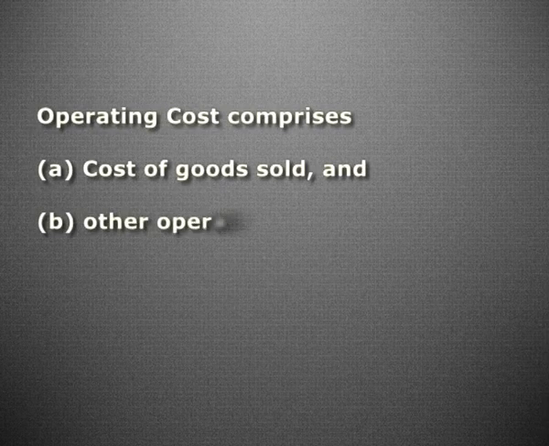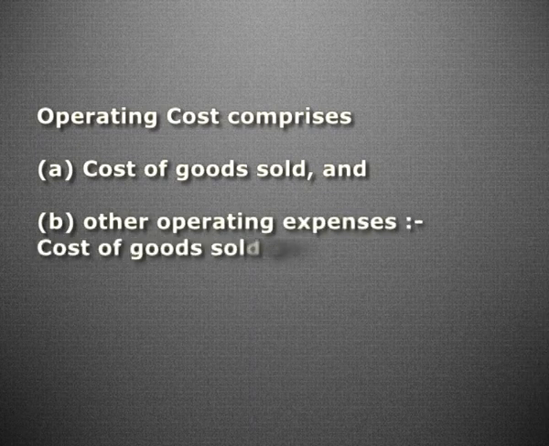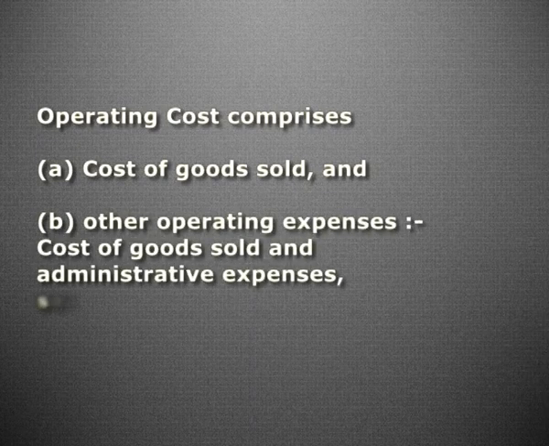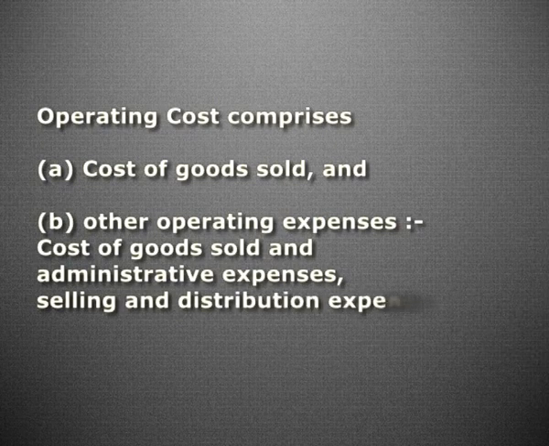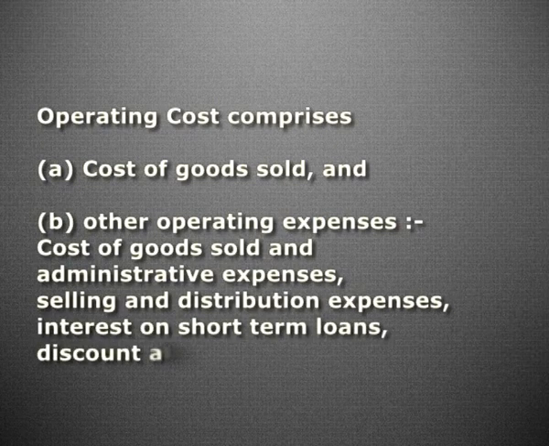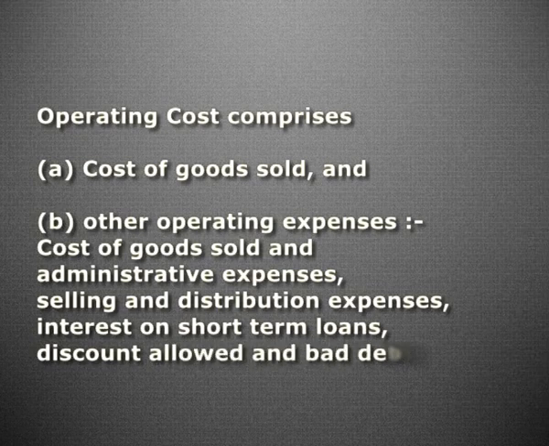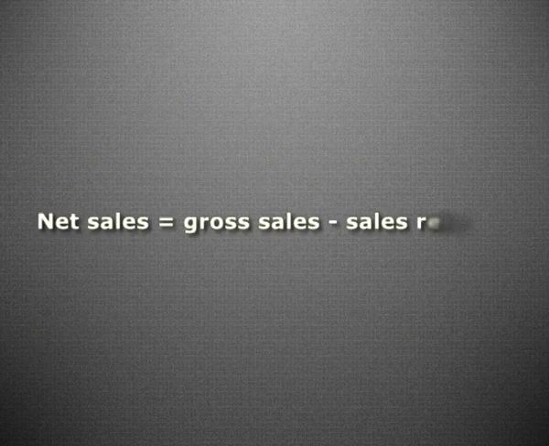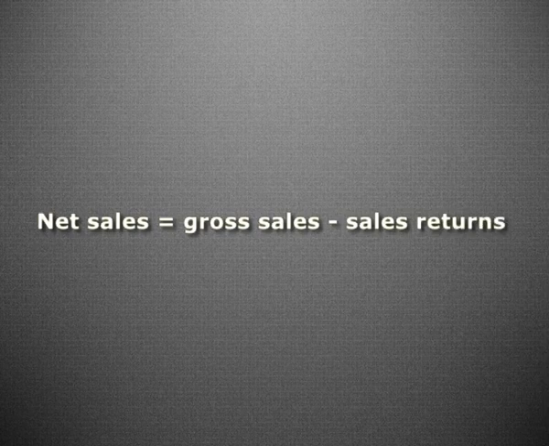Operating cost comprises A. Cost of goods sold and B. Other operating expenses: administrative expenses, selling and distribution expenses, interest on short-term loans, discount allowed and bad debts. Net sales is equals to gross sales minus sales returns.